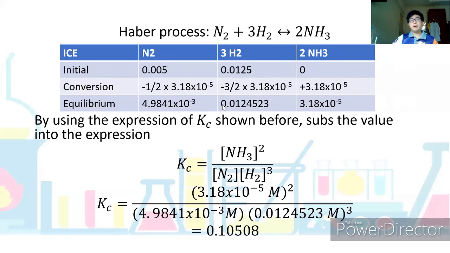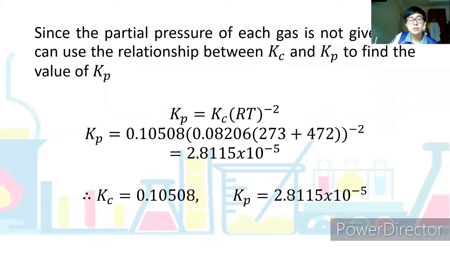So in equilibrium, we need to find the Kc of it. By using the same formula, substitute inside the concentration of each gas, and we'll get 0.10508.